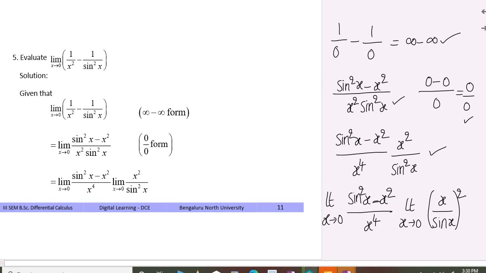That means the limit of x by sine x is 1, 1 square is 1. So, the value of the limit is equal to 1. 1 into anything equal to anything. That's why we have only this function. For this function, we are going to apply L'Hopital's rule.